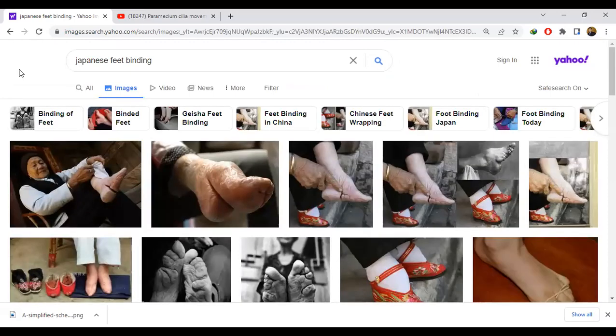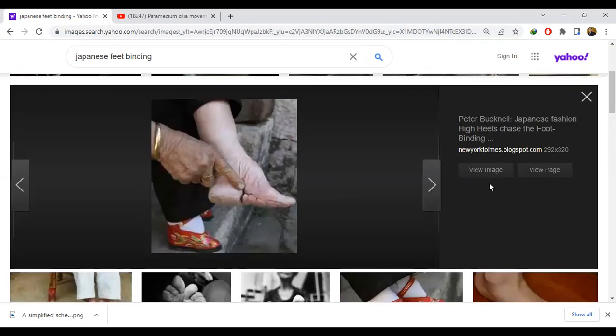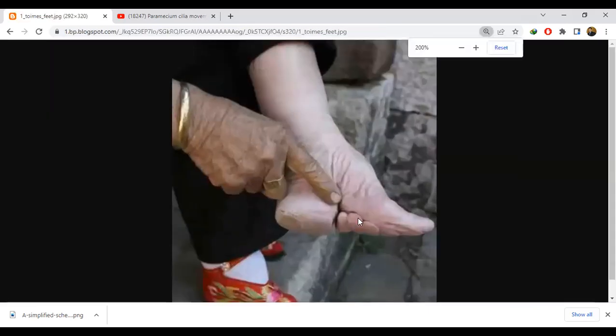See this feet. What has happened to this feet? Can you see her finger here?